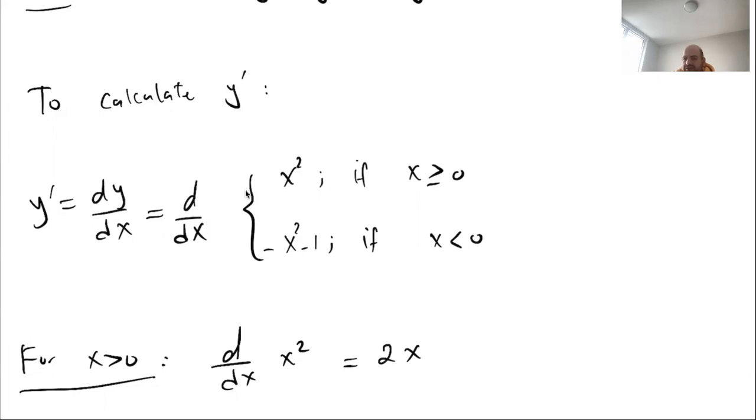Why? Because this function is not even continuous at 0. Right limit is 0, at 0 is 0, left limit at 0 is minus 1. It's not even continuous, and if a function is not continuous, for sure it will be not differentiable.